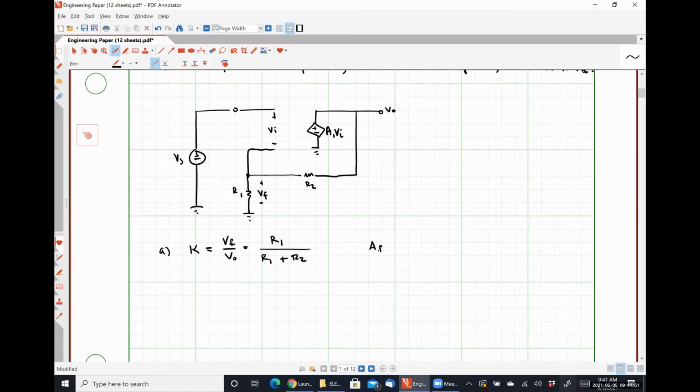And from this, our ideal closed loop gain is 1 over our feedback factor, which just looks like 1 plus R2 over R1, which is exactly what we would expect for an ideal op amp to have with this particular resistive feedback configuration.